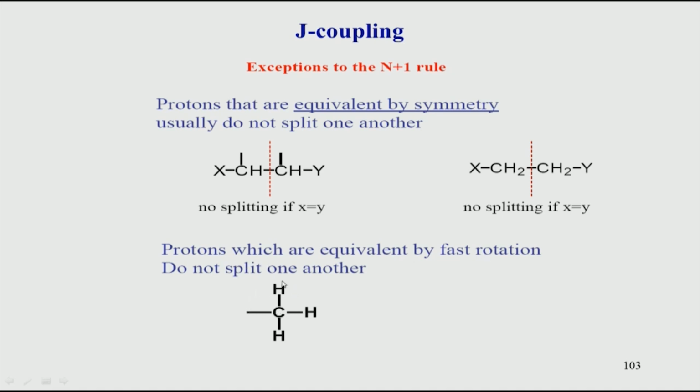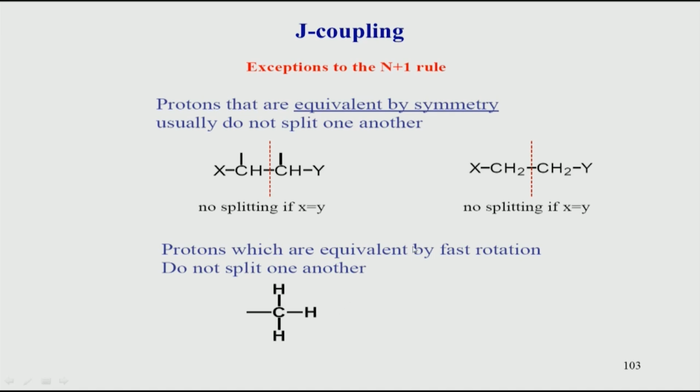So, what is shown here is the methyl group. If you see in a methyl group they are chemically equivalent because of fast rotation, and because they are chemically equivalent, these hydrogens do not split each other. But remember that it is not that there is no coupling between these two, there is a coupling, but we cannot see it in the NMR spectrum.